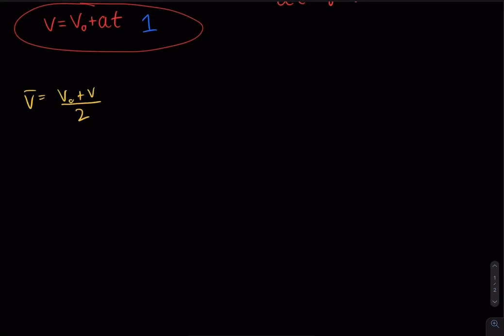But we also said that in any given case, the average velocity was delta x over delta t. But what was delta x over delta t? And we're going to do the same thing. Instead of x2 minus x1, we're just going to denote this as x.